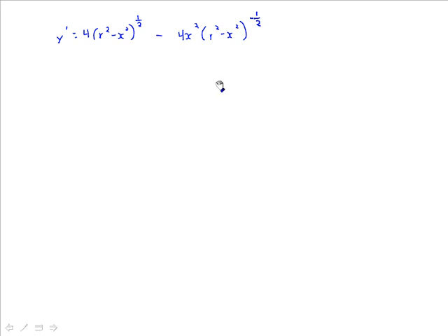We will, as always with this sort of thing, have to take out a common factor, and I think in this case a 4 can be removed, as well as an r squared minus x squared to the negative 1/2. And that will leave you with r squared minus x squared to the exponent of 1.